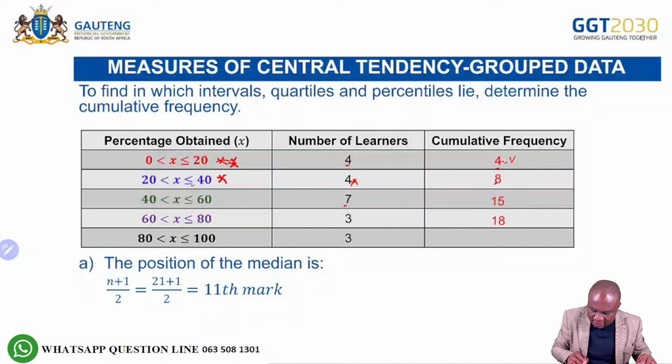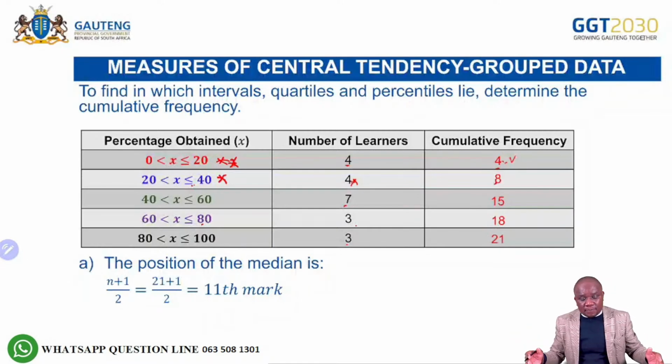And then we add 3. To get the cumulative frequency, you keep on adding the frequency. 15 plus 3, we get 18. Up to 18 learners got 80 and below. And then we add 3 to 18, we get 21. Up to 21 learners. So this is the whole class. It means this class is composed of 21 learners.